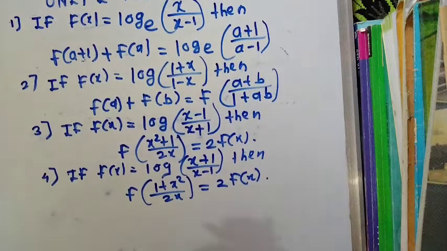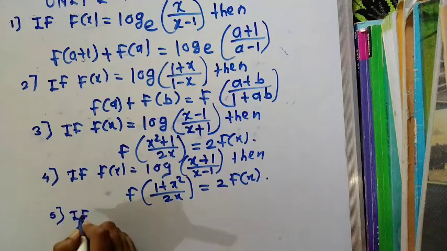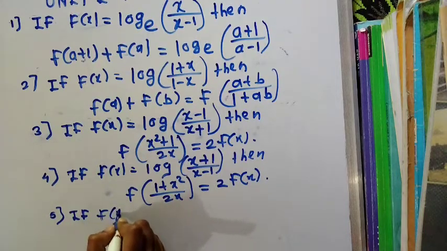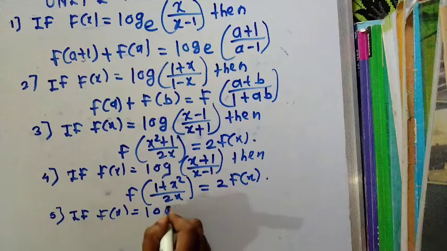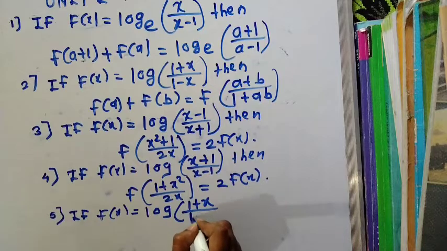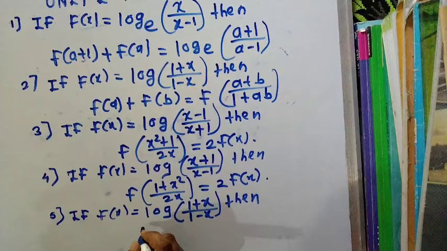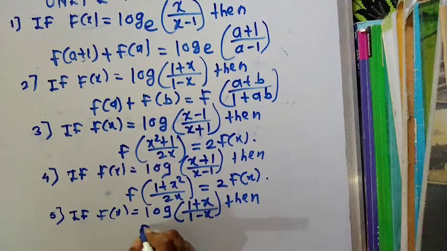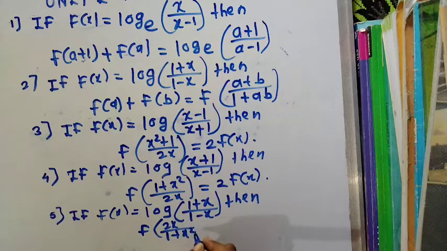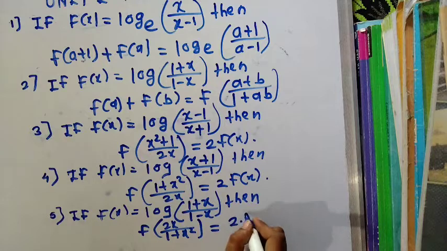And fifth formula, if f of x is equal to log 1 plus x divided by 1 minus x, then f of 2x divided by 1 plus x square, which is equal to 2 into f of x.